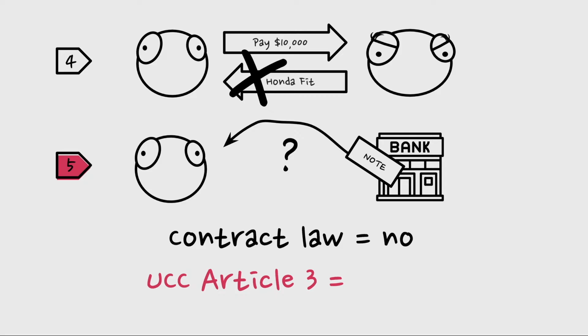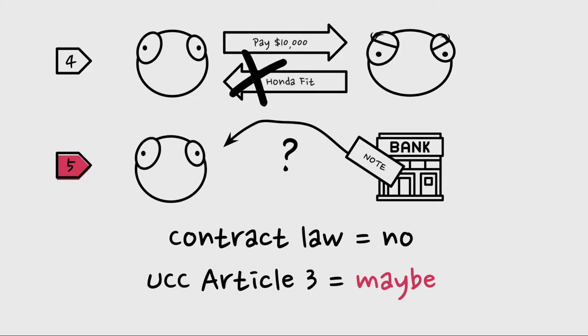We know that under straight contract law, the answer is you're out of luck. It's an assignment. That bank, that assignee of this right to payment, has no greater rights than what Barb had, right? Barb can't insist on payment after she's breached, and the bank couldn't either under contract law. But under UCC Article 3, which is what negotiable instruments is all about, the answer is maybe, right?